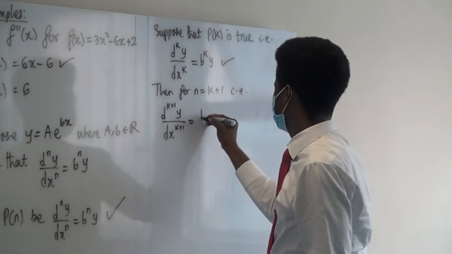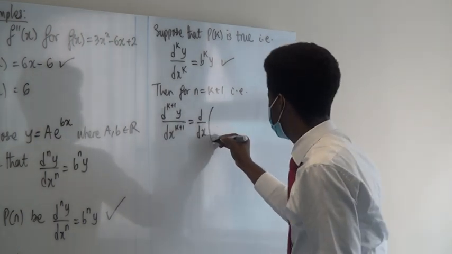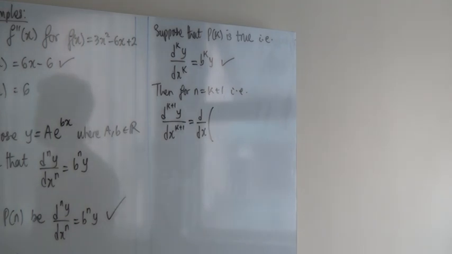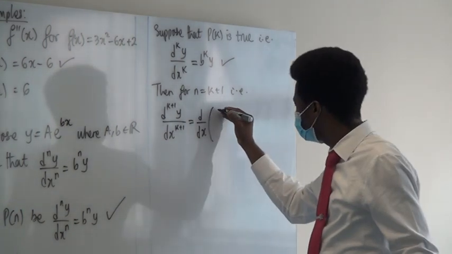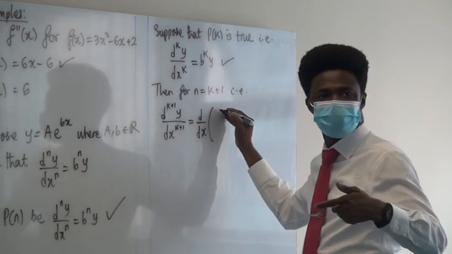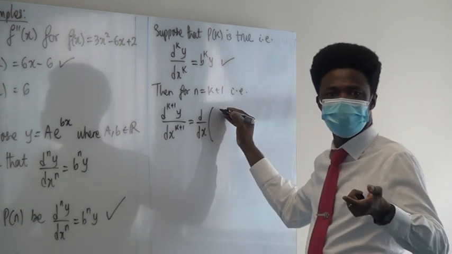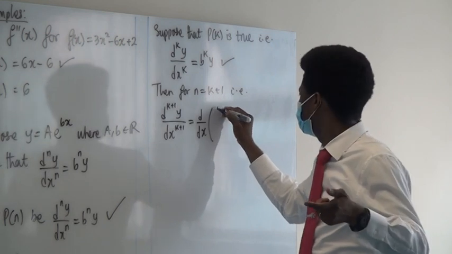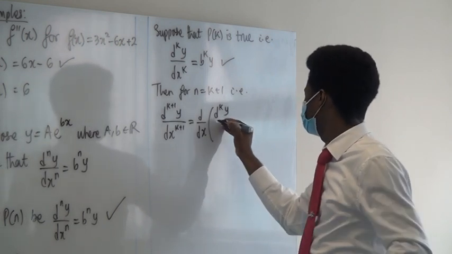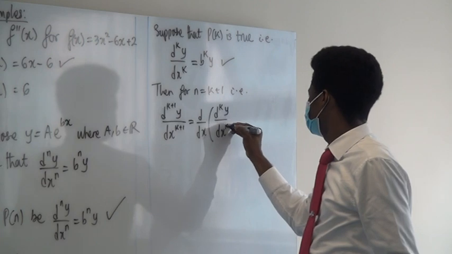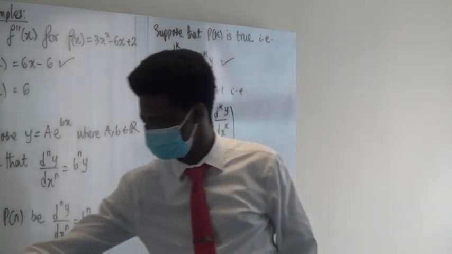So this simply means d/dx of what? D/dx of d^k y/dx^k, from what I said here.